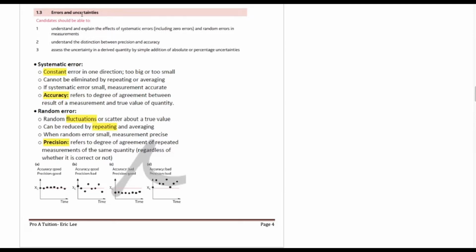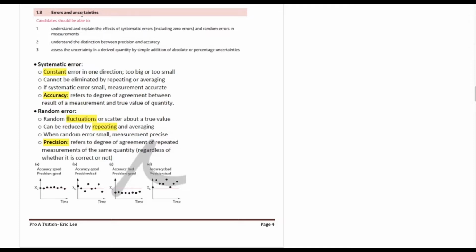So let's say the zero error is just 0.01 kg, it is still somehow accurate. You cannot eliminate it by repeating or averaging, but you can eliminate it by subtracting away the zero error. So there are ways to do correction on that.